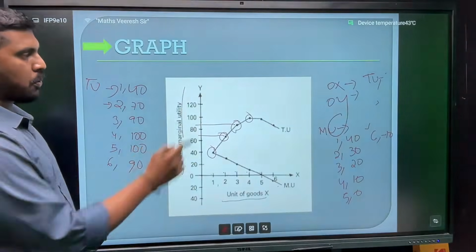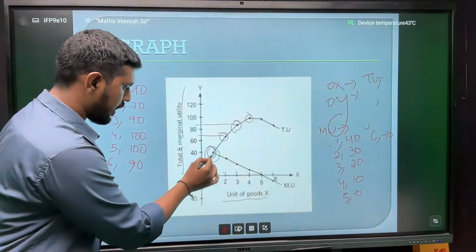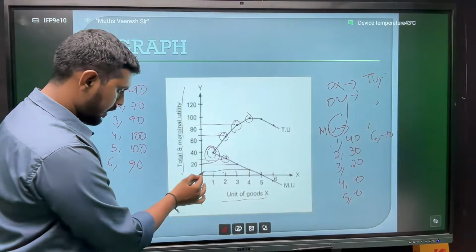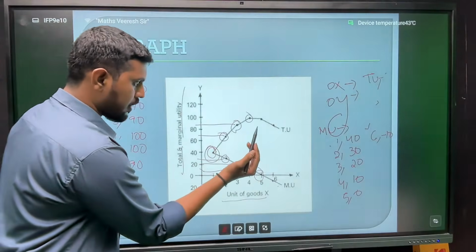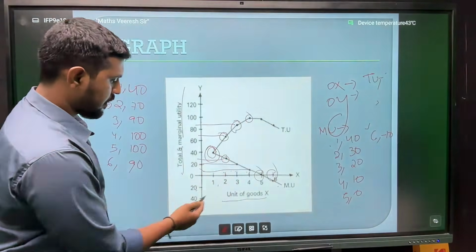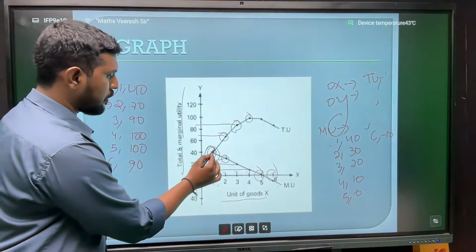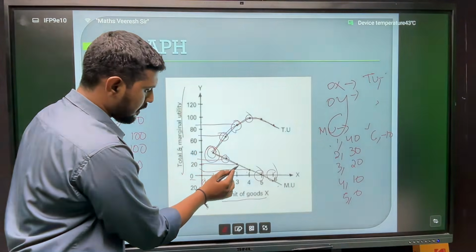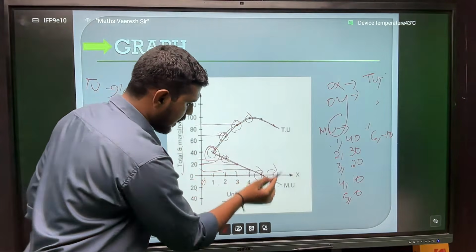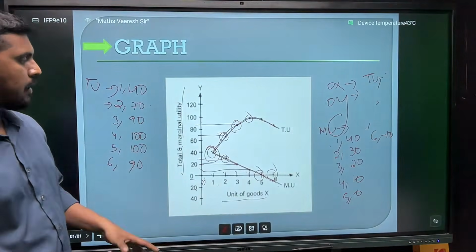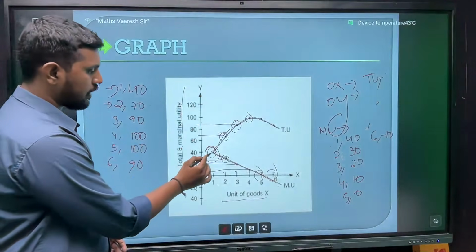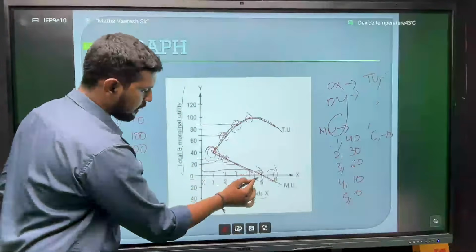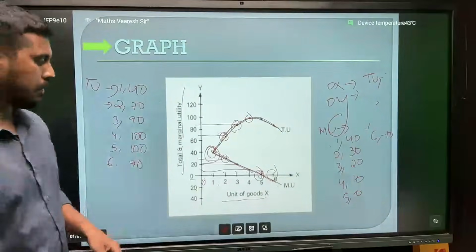When coming to the MU: 140 again, 230, 320, 410, fifth here, sixth minus 10. So the graph will be increasing, constant and decreasing. Here, first decreases, goes to 0, and at last negative. You can write directly: for TU, increase, constant and decrease; for MU, decrease, 0 and negative.